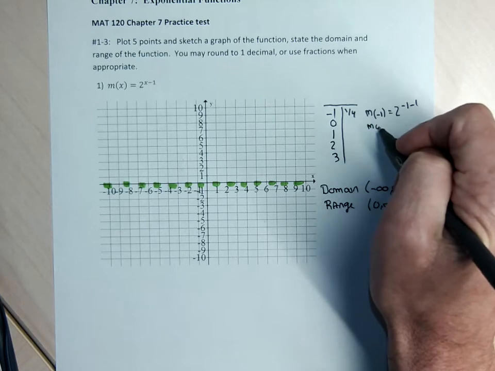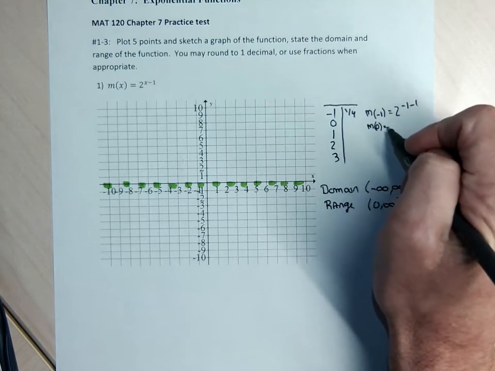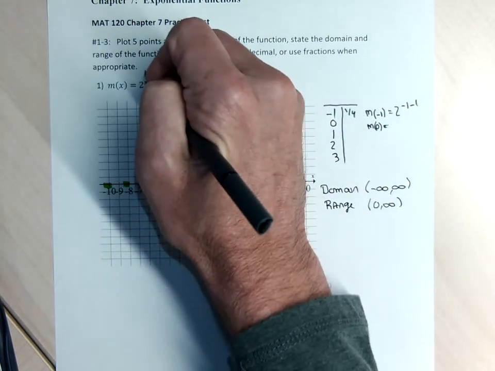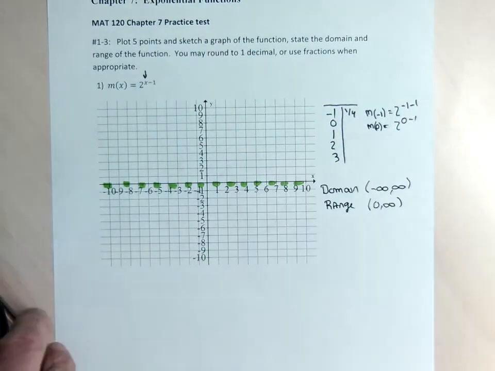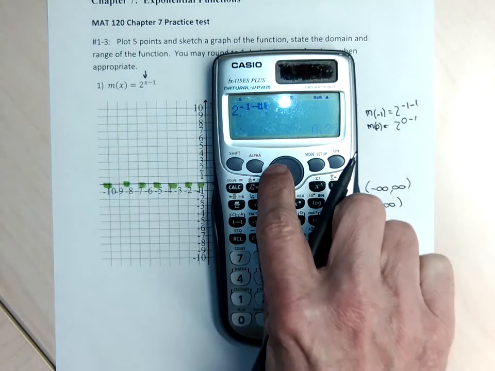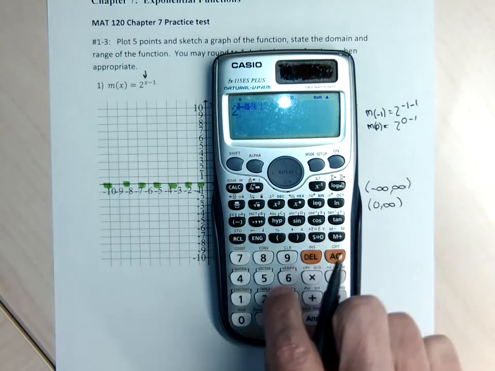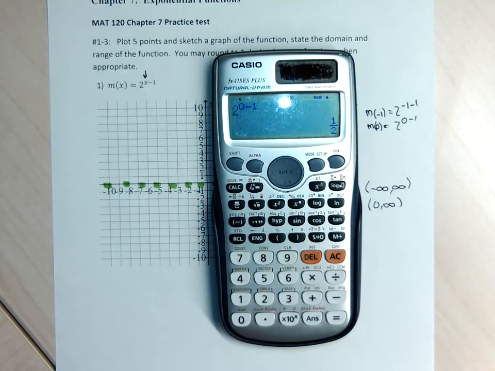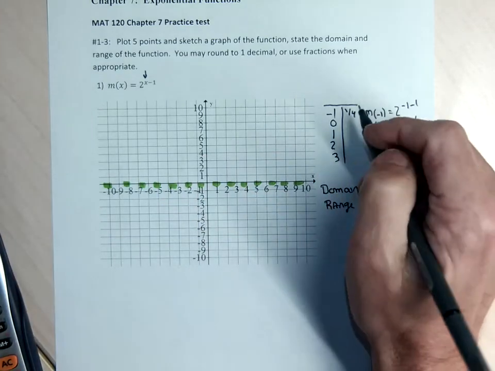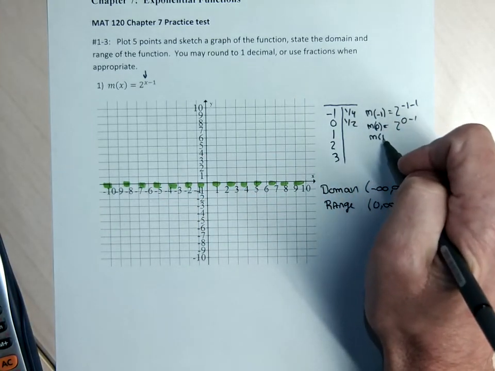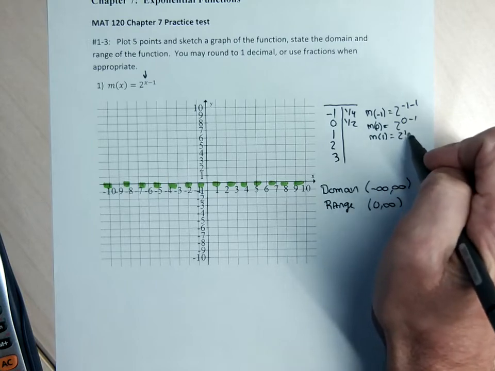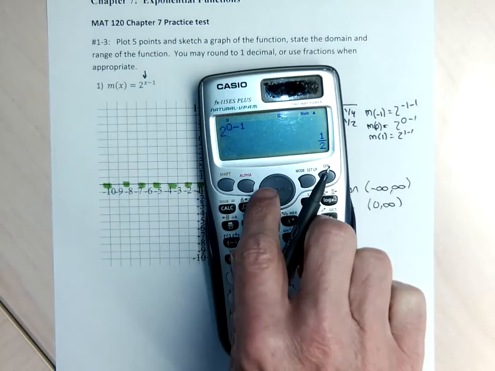And then for my next one, I'm going to plug 0 in. Really just for that x is where I need to plug my 0 in. I get 2 to the 0 minus 1 power, and that gives me 1/2, or I could do 0.5. And then m of 1 equals 2 to the 1 minus 1 power.